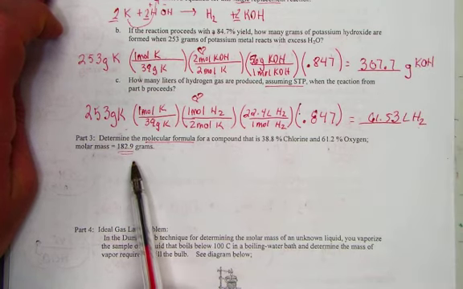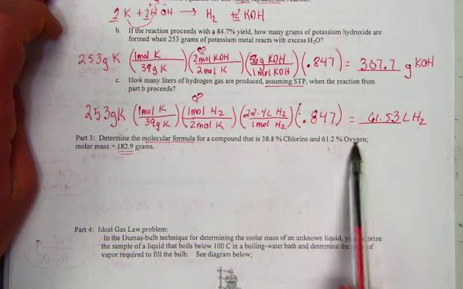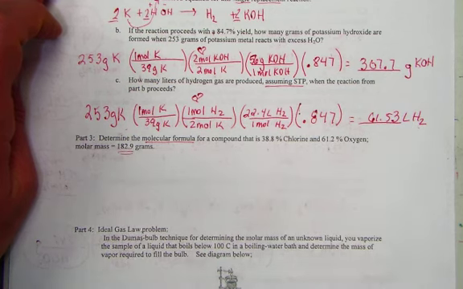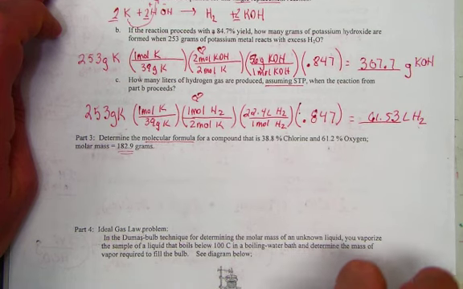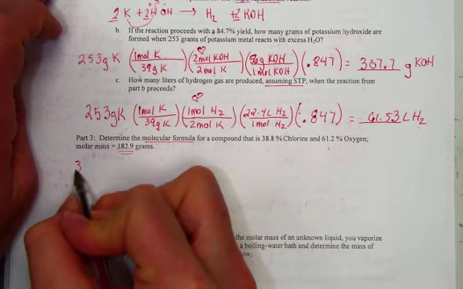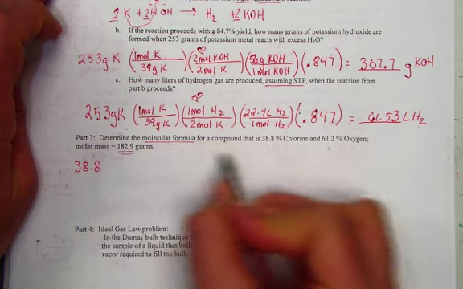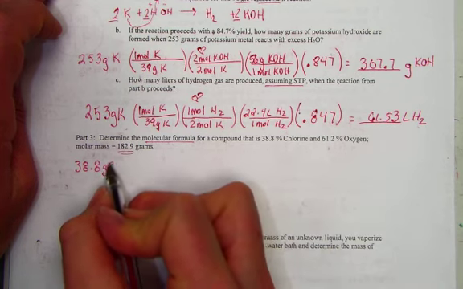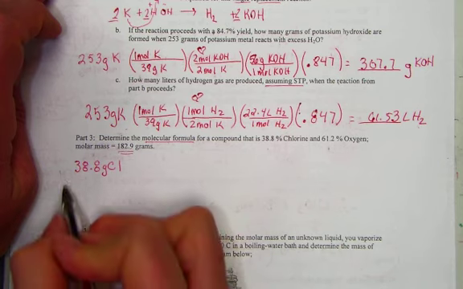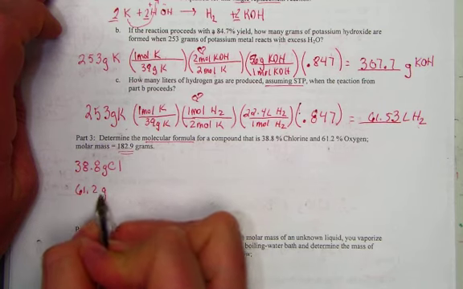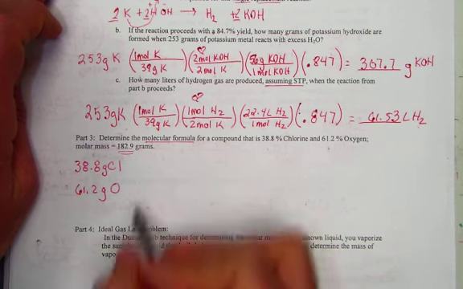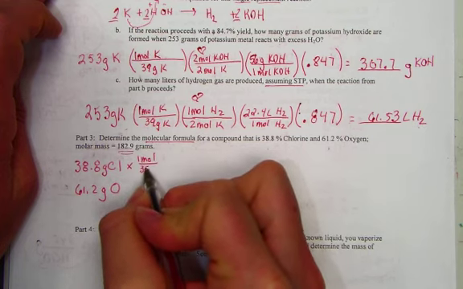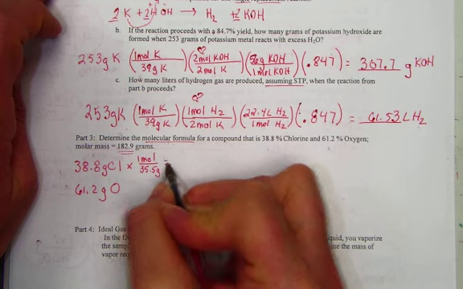When we're finished writing our formula between chlorine and oxygen, we better make sure its formula weight is targeting about 182.9 grams. Our percent composition is sharing that we have 38.8% of its mass coming from chlorine and 61.2% of its mass coming from oxygen. We'll work to convert both of these into mole units and see what kind of ratio we have going on.